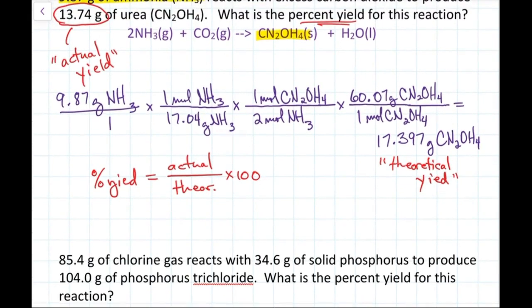So our actual yield in this case is 13.74 grams. And our theoretical is the one we just calculated, 17.397 grams. And I'm just going to go ahead and leave extra sig figs on there because this isn't my final answer yet. And so when I divide that, I get 78.98%.